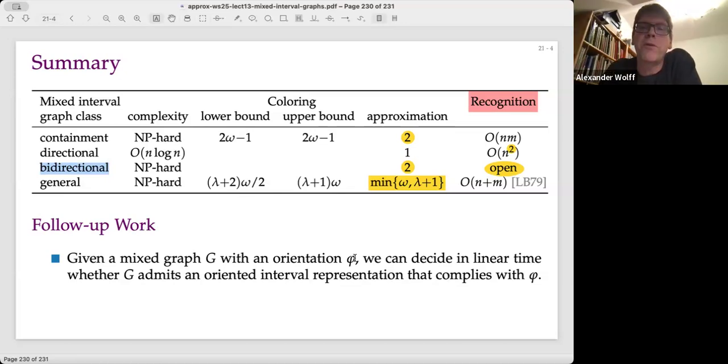If you add this information, then we can solve the problem in linear time. And if you orient all of them, say, to the right, then we are in this directional interval case. And so we actually improved upon this quadratic time recognition by solving a more general problem.